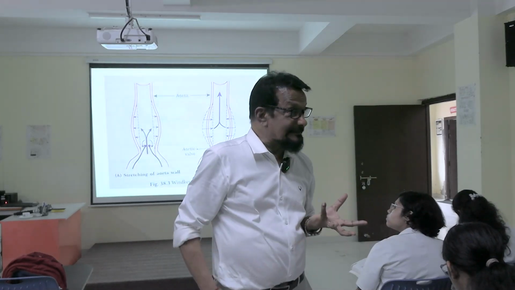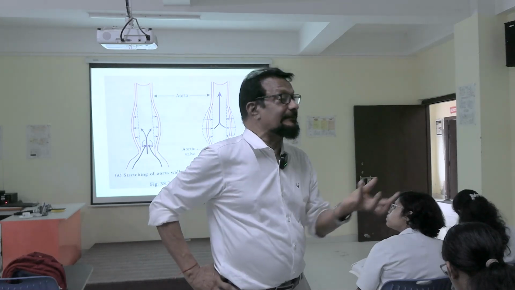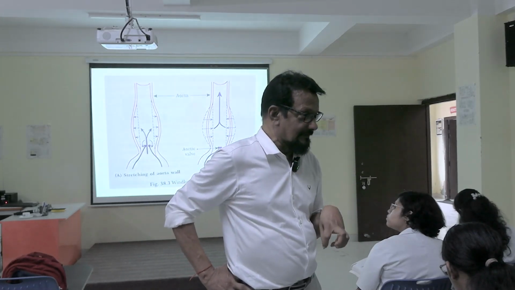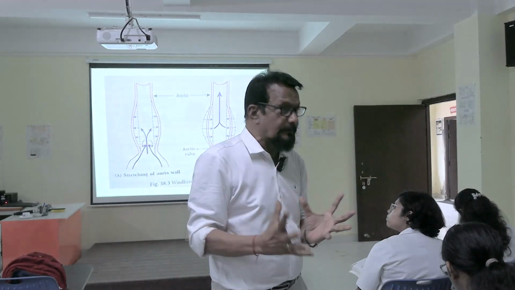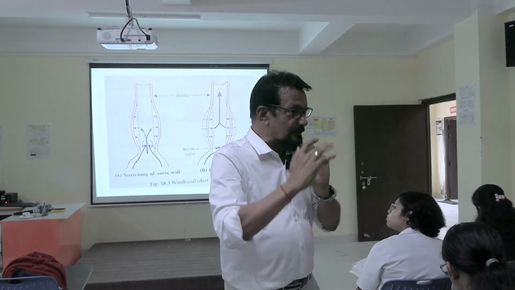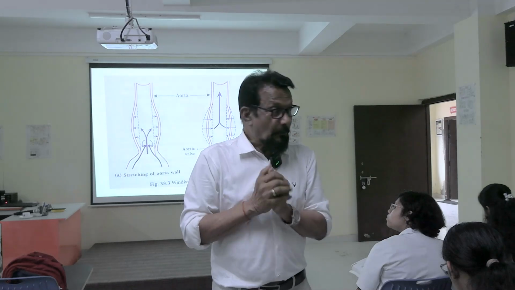Whether your heart is effectively ejecting the blood into the circulation. If peripheral resistance is increased, it will not be able to eject this amount, and the ejection fraction will gradually decrease. When ejection fraction gradually decreases, it means there is a lot of resistance in the periphery.